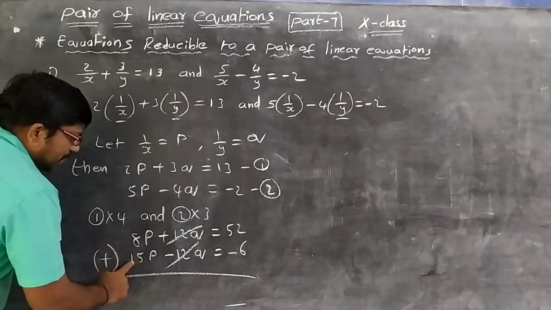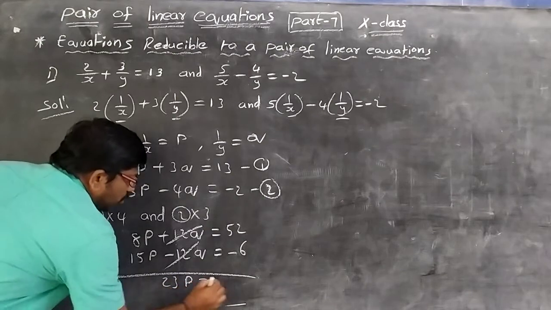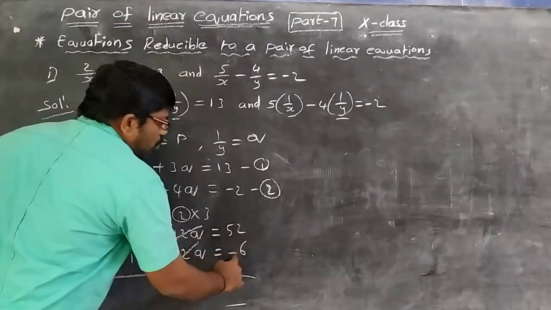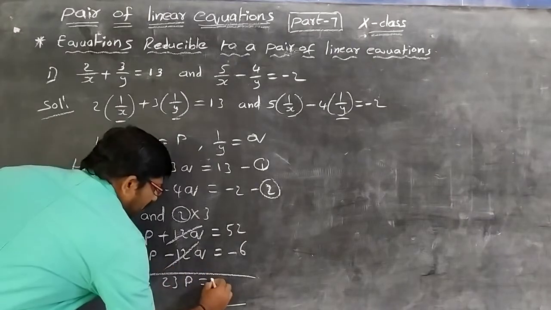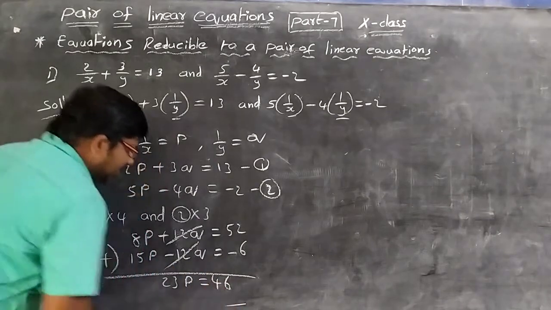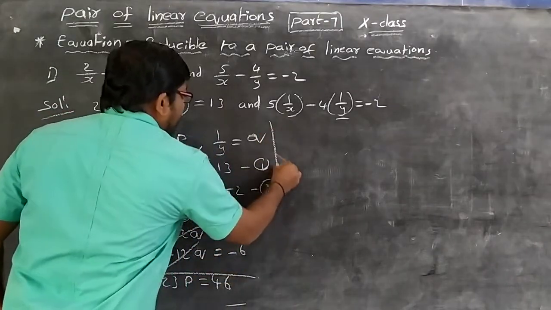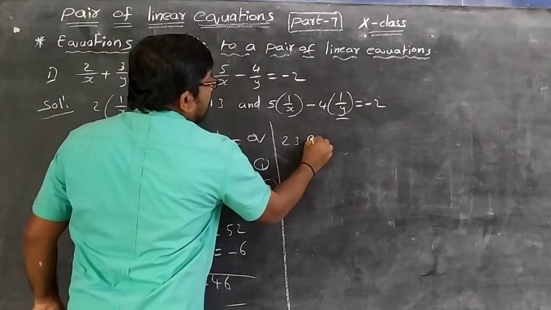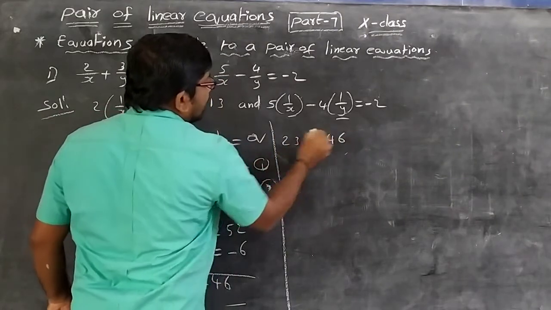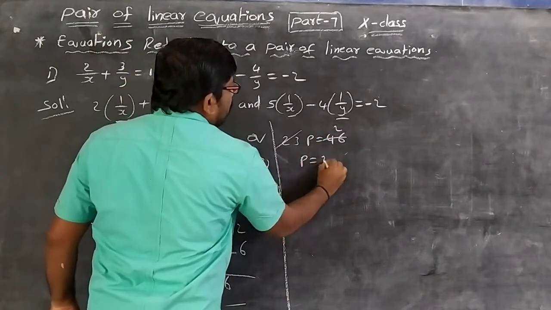So 8p plus 15p, 23p is equal to 52 minus 6. So how much? 46. 23p is equal to 46. Now cancel them: 23 ones are 23, 23 twos are 46. p is equal to 2.